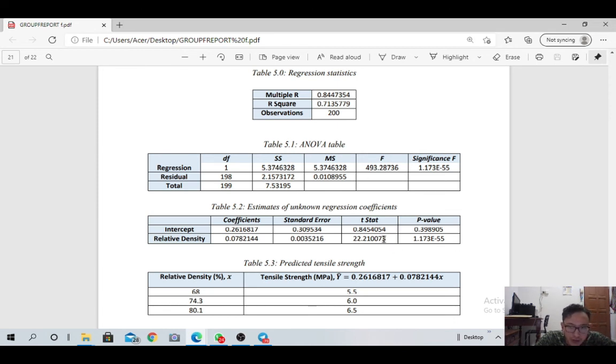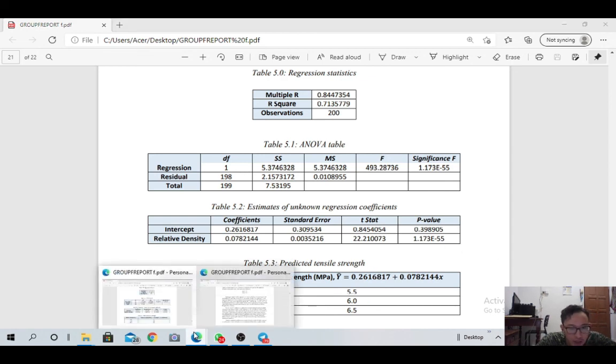And t-stat is 22.210073 for beta, and p-value is computed as a probability of t-stat value larger than the test statistic, which is P(t-stat greater than 22.210073) and the value is 1.173 power of negative 55.